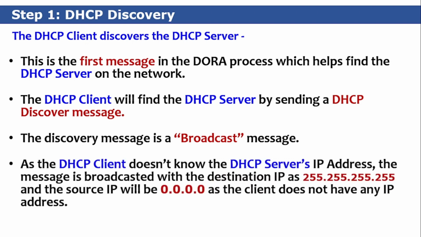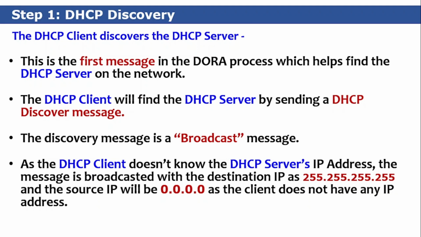As a DHCP client doesn't know the DHCP server's IP address, the message is broadcasted with the destination IP as 255.255.255.255, and the source IP will be all zeros, as the client doesn't have any IP address.